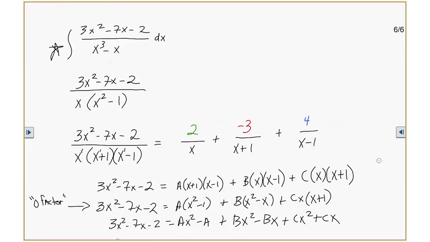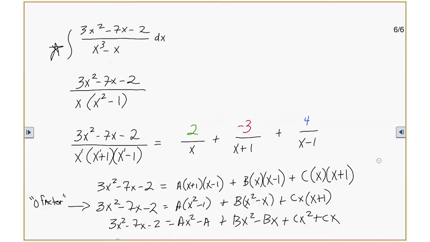Make sure you got B and C, or B and C is what you get with the zero factor. And then A you get with plugging in x is equal to 0. Because what can we do right here?